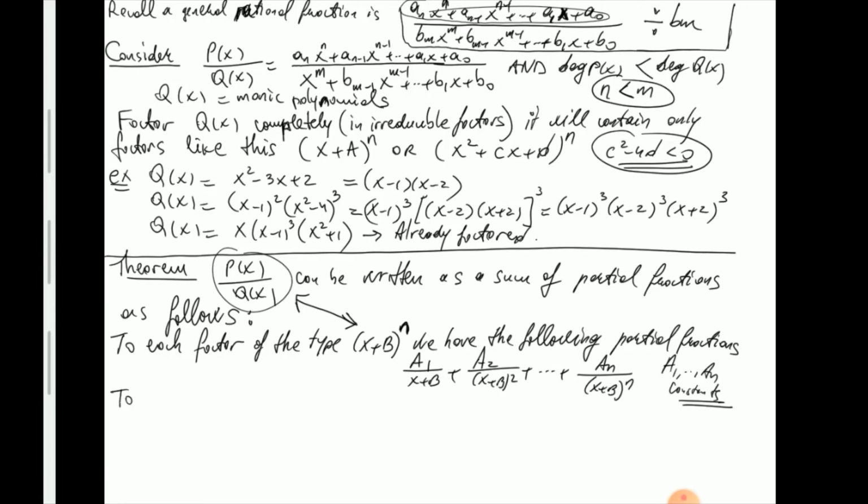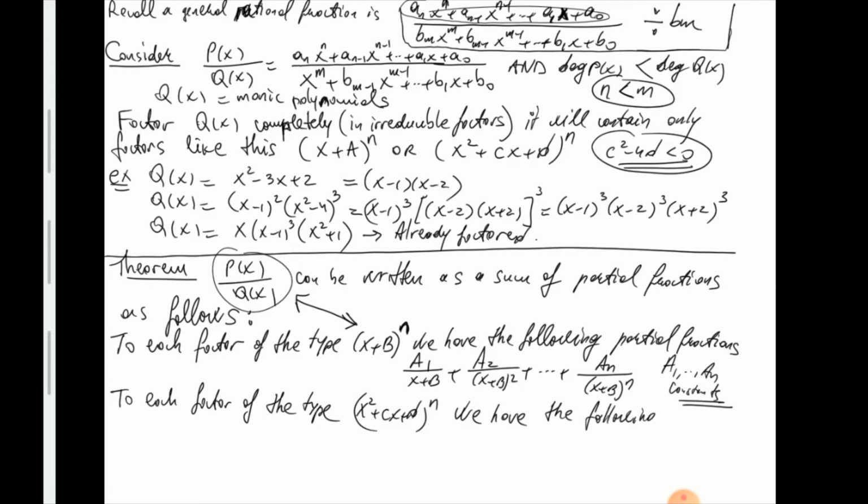So to each factor of the type x squared plus cx plus d to the power n, we have the following partial fractions. Again, all multiplicities like before.